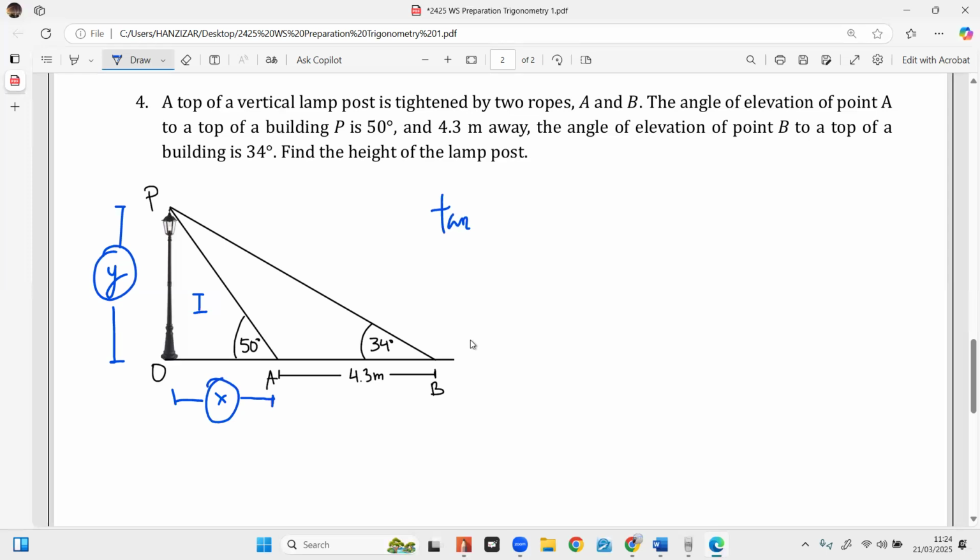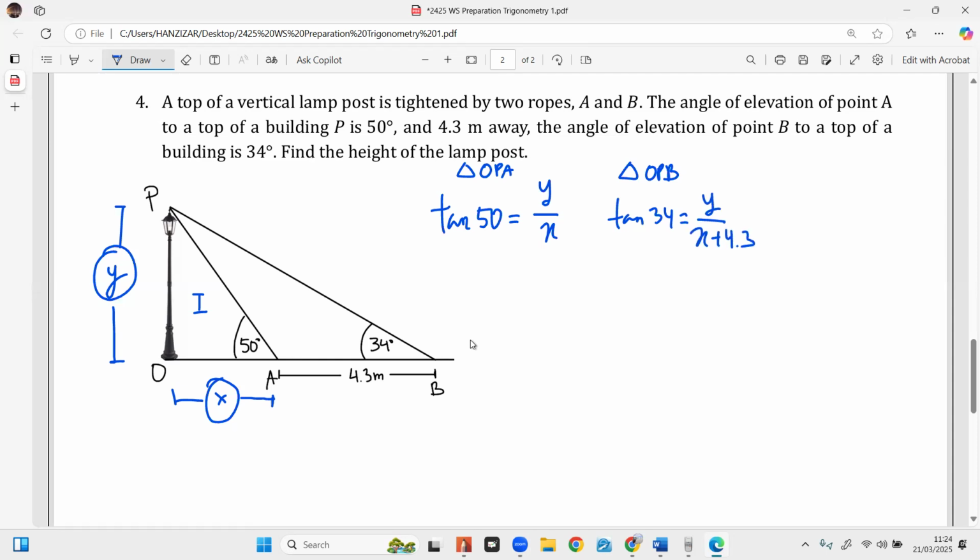Write down tan 50 equals Y over X. And on the second, bigger triangle, OPB, after triangle OPA, now triangle OPB, we also use the tangent of 34. Write down tan 34 equals opposite over adjacent. The opposite is Y and the adjacent is X plus 4.3, right?